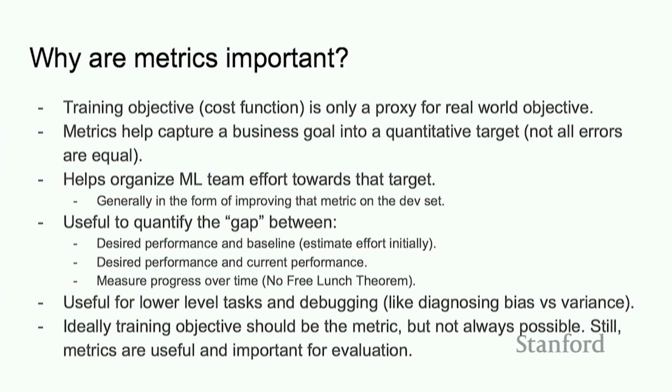Ideally, your training objective, your loss function, should reflect your business goal. But that's not always possible. For example, if you care about accuracy, it's very hard to train a model by using accuracy as the loss function. Accuracy is not even differentiable.